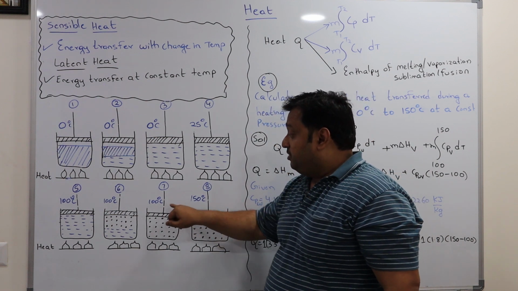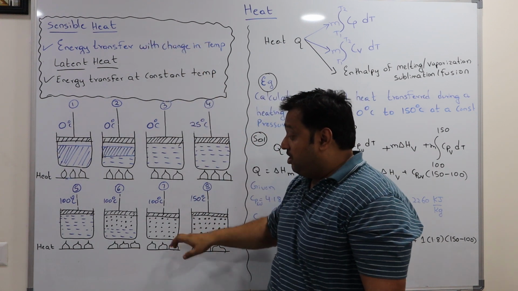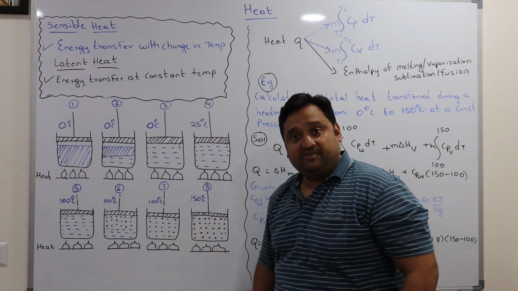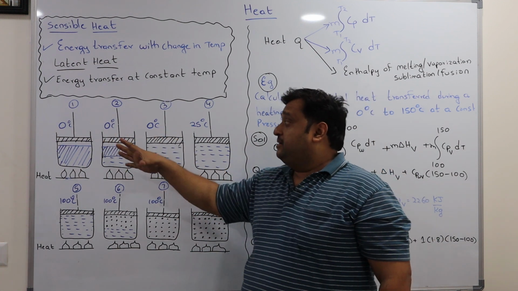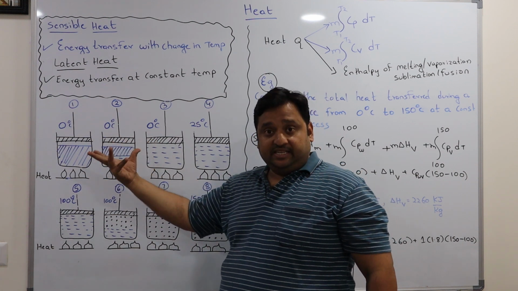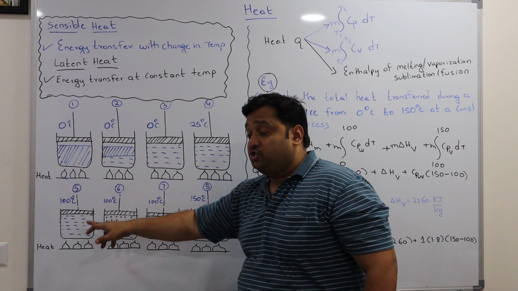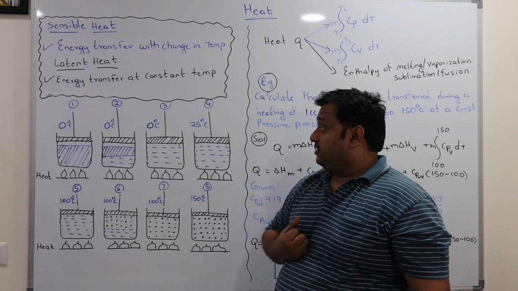Now again, you have to apply the principle of sensible heat to calculate how much heat is transferred. So there are some situations where the latent heat is given, and there are some situations where sensible heat you can find out.